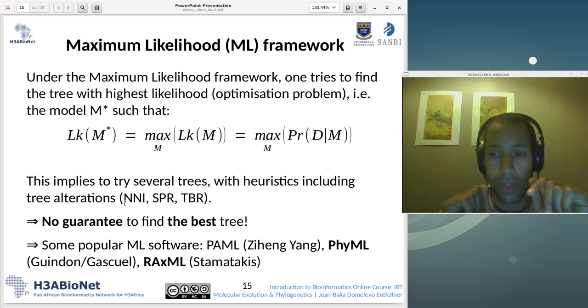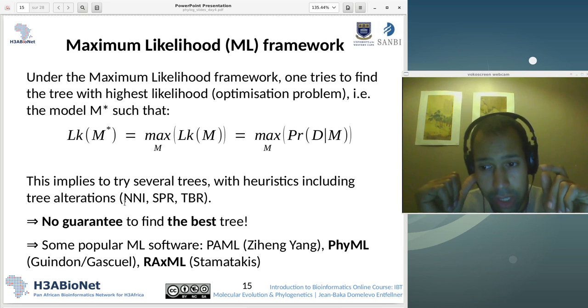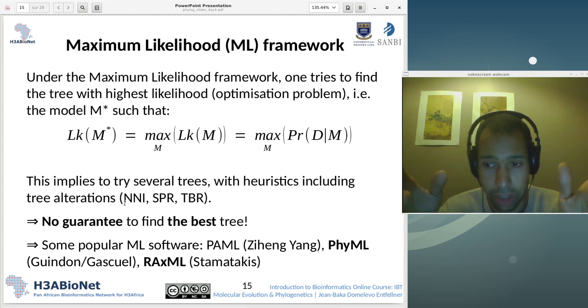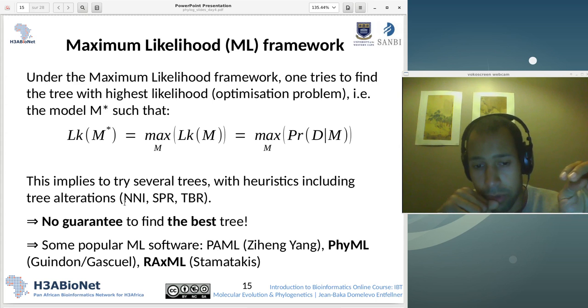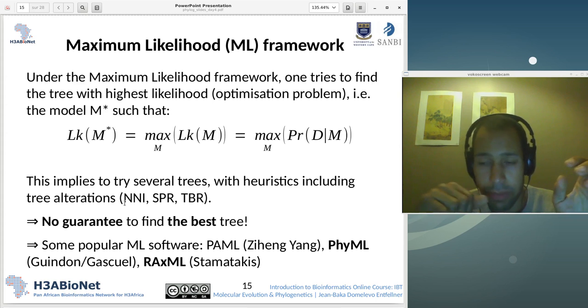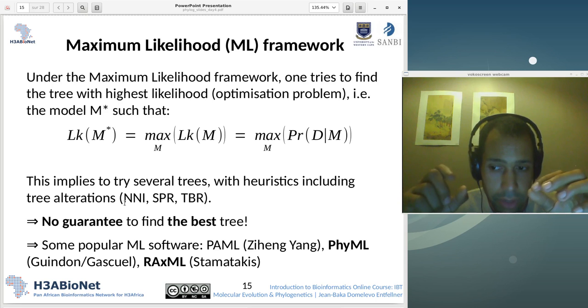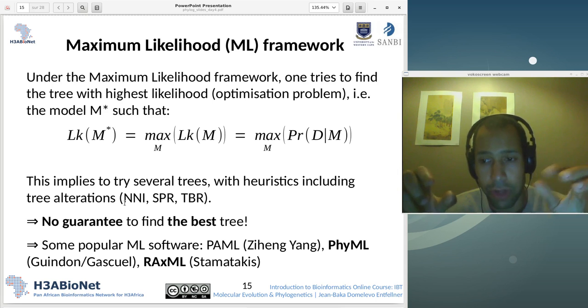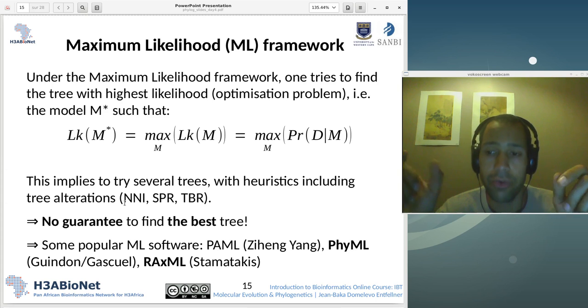By the way, you see that in order to calculate the likelihood, we need branch lengths. I've not shown how to optimize branch length, but there are some methods that have been developed in PAML, PhyML, RAxML to try and dilate or shrink branches and then calculate the new likelihood.